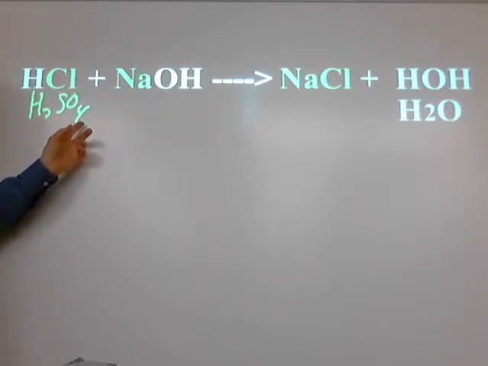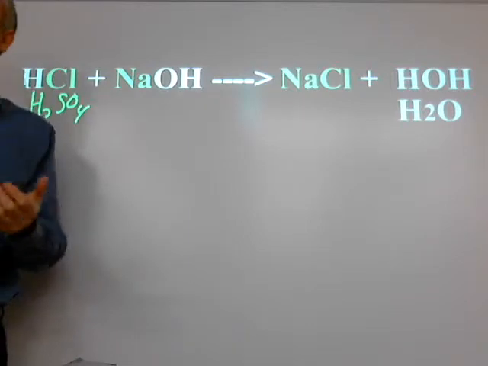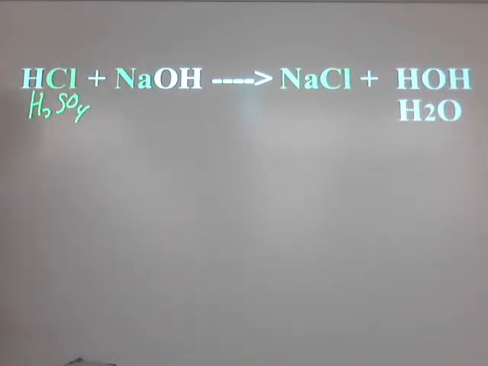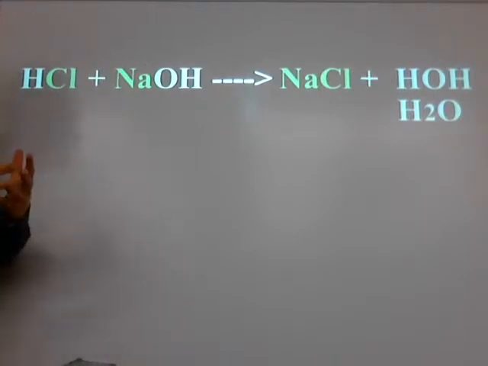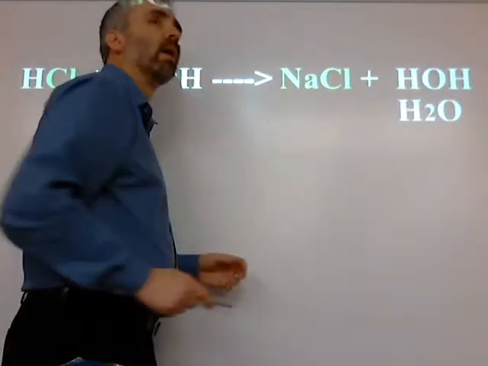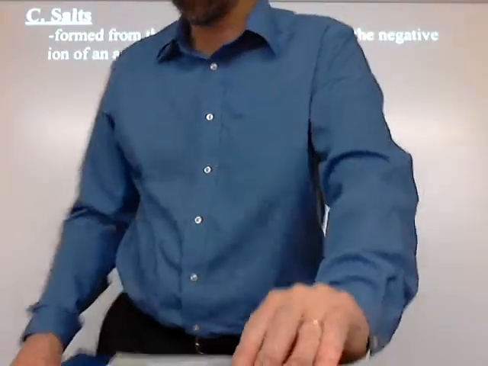SO4. You know what that is? What would that be? Sodium sulfate. Sodium sulfate is a salt. Anything that you get from any acid and any base reacting together is a salt and water. That's called a neutralization reaction. It's formed from a neutralization reaction.